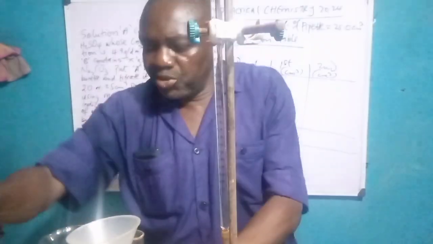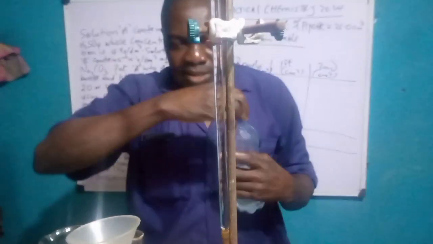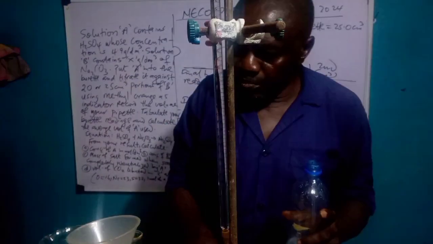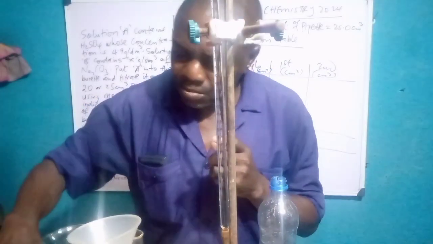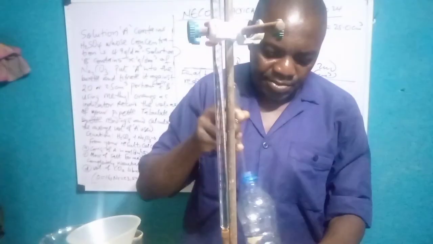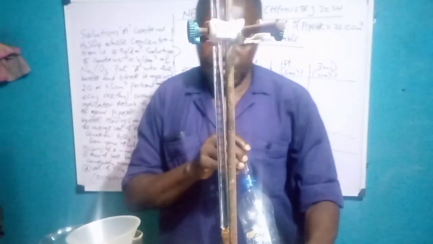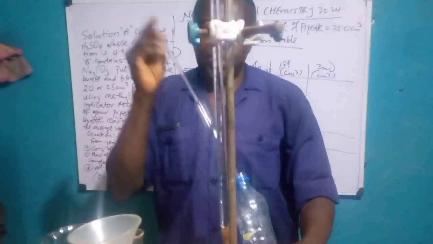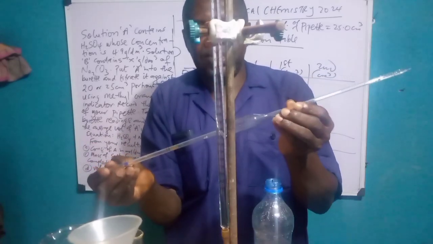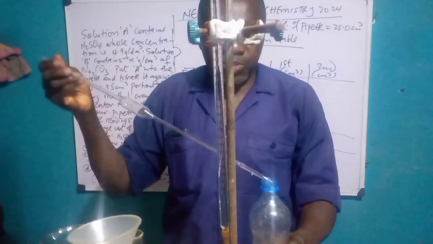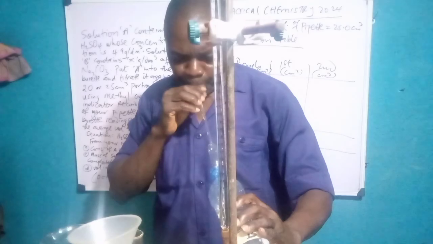Then the next thing is to use solution B, the alkaline solution, in the pipette. Just insert it inside and take a little. So this is how you rinse it. You want to make sure you turn it. The little is too small, so let's add it again.